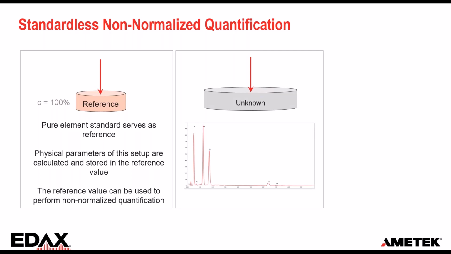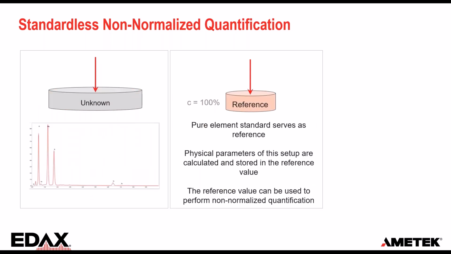Then we can use the physical parameters determined from the reference, or the value corresponding to that, and perform a non-normalized quantification on our sample. The order here is not important, and the reference can be separated in time as long as we can guarantee that our parameters are identical.